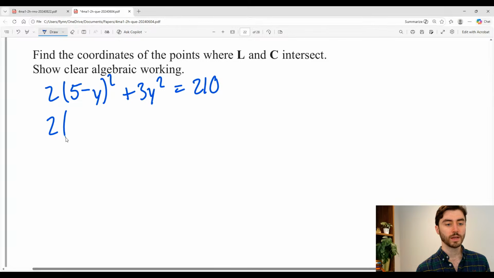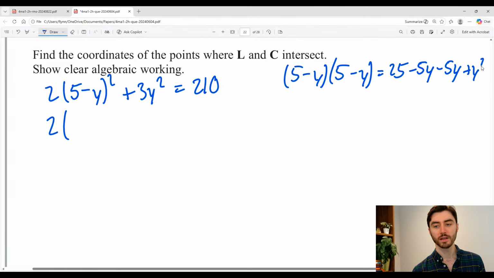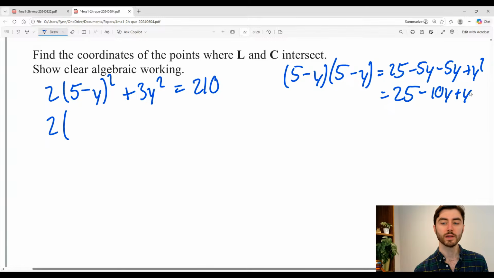So that will be 2 into, now when I multiply this out, square the first, square the last, and twice, well, I'll do it in full in case you need it. So first is 25, outside is minus 5y, inside is minus 5y, last terms would give me plus y squared. So in other words, it's 25 minus 10y plus y squared.